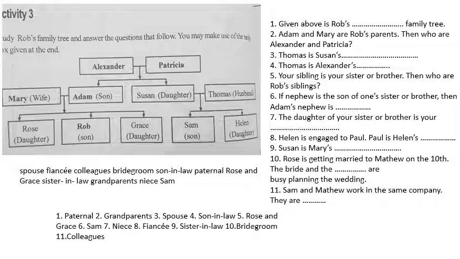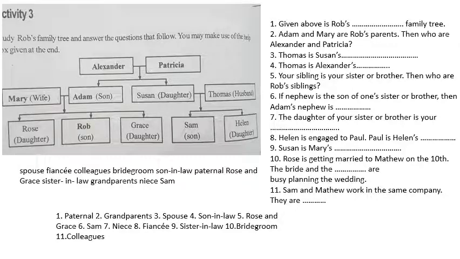Adam and Mary are Rob's parents. Then who are Alexander and Patricia? They are Rob's grandparents, grandfather and grandmother. Thomas is Susan's dash. Husband. Spouse. Spouse means husband.